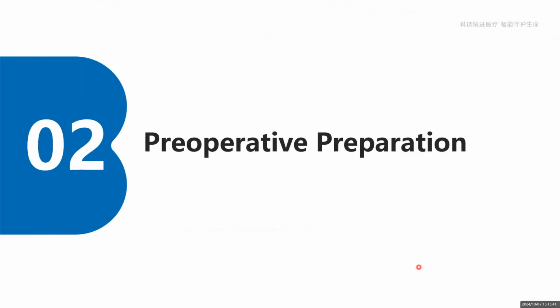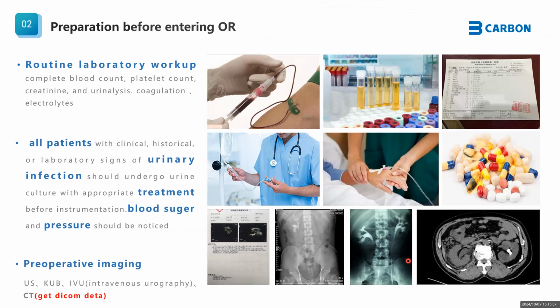Okay. After we learn about the anatomy of the kidney, we are going to learn about the preparation of the PCNL. At first, for the patients, we have to take some laboratory workups like blood test, urine test, something like that.